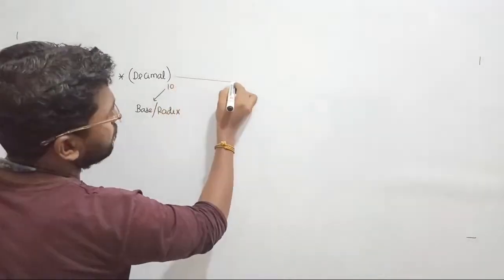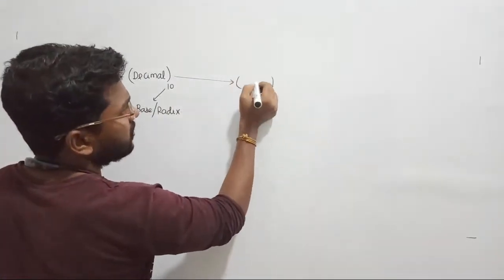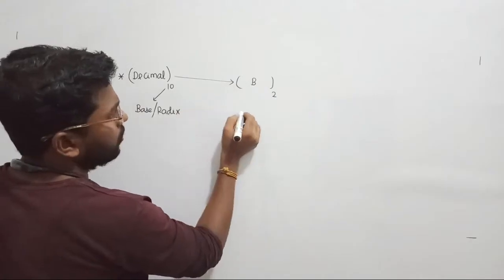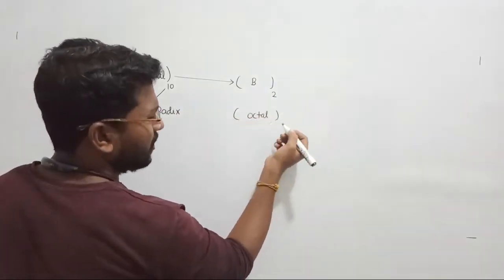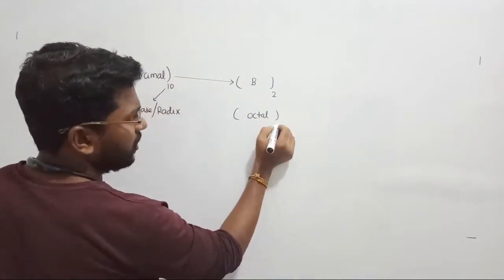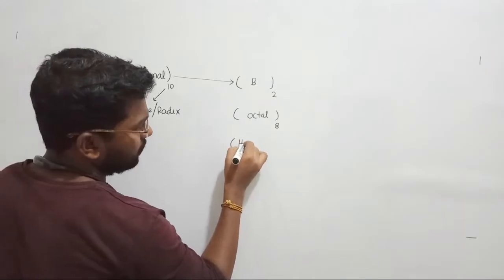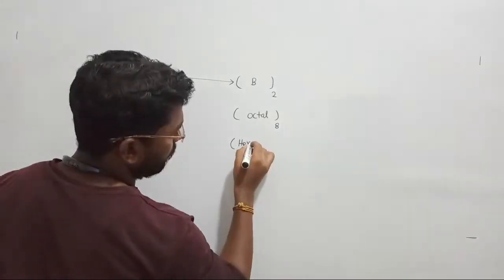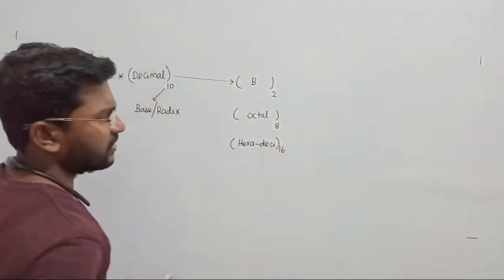If you want to transform this decimal into binary with base 2, or into octal, or hexadecimal, I am not going to consider nibble because that is rare. We are just going to consider octal and hexadecimal. In hexadecimal I am going to consider 16.